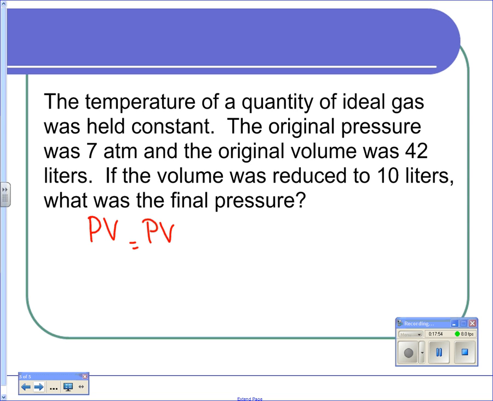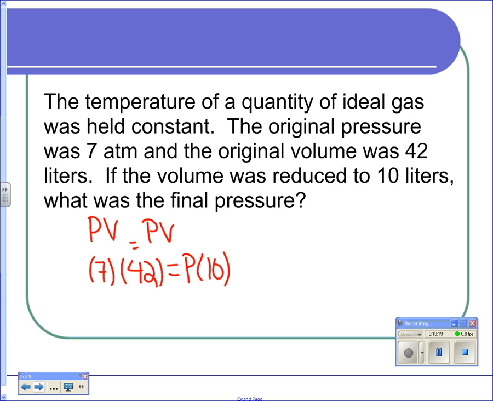Any questions on how to get the formula? Okay, so what is our initial pressure? What is our initial volume? Any questions on that part? Okay, what are we solving for? And what is our volume? You agree?